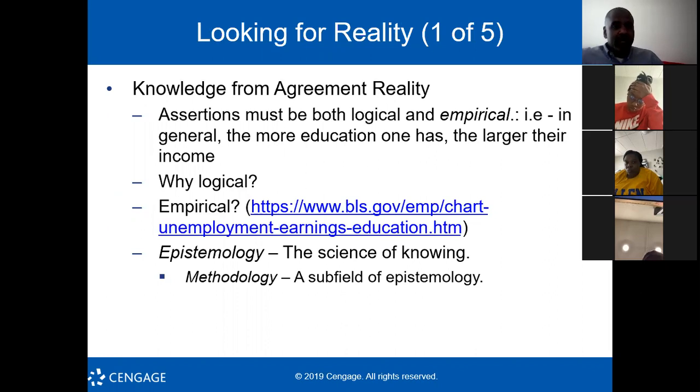I'm not going to tell you not to study certain things. I want you to focus very closely on everything we talk about, okay? But there are going to be some concepts that I really, really need you to focus in on. This concept of empirical is one of them.